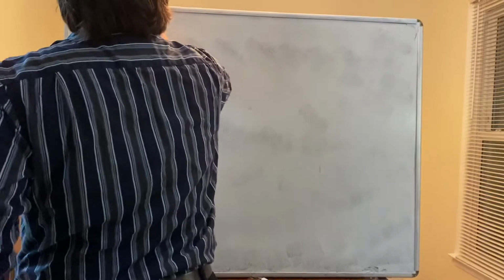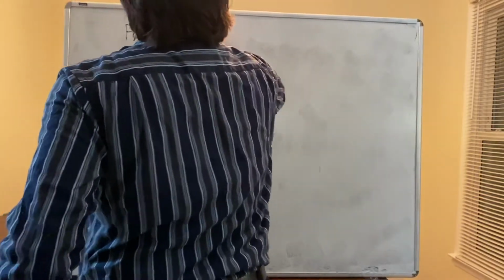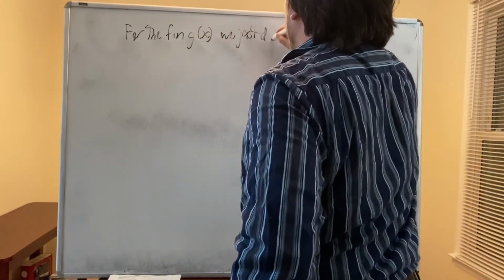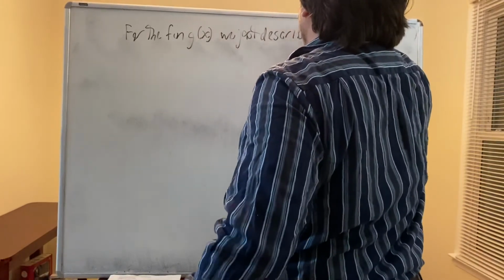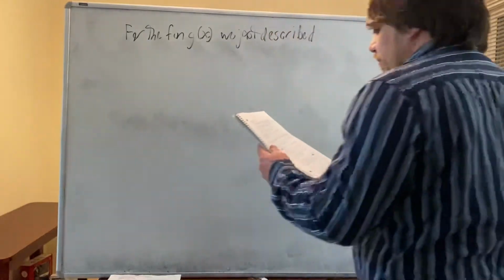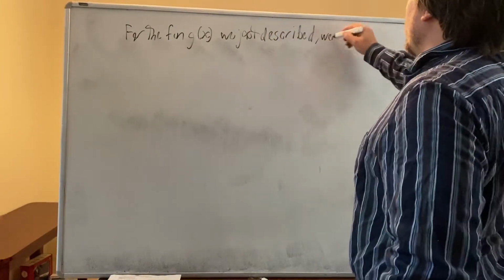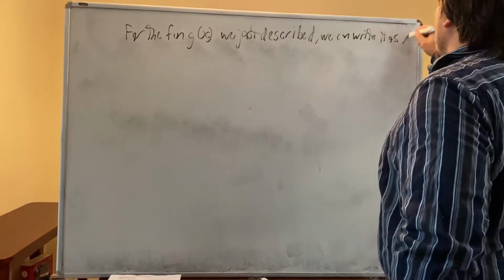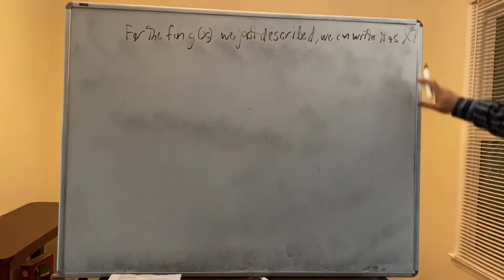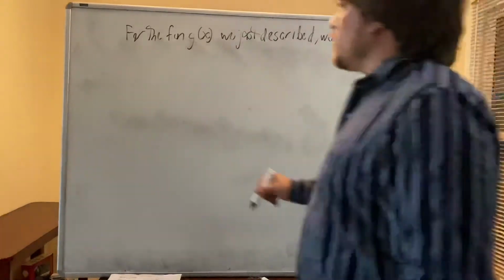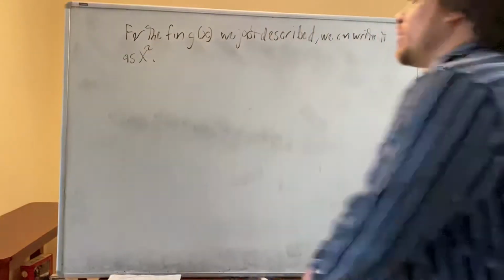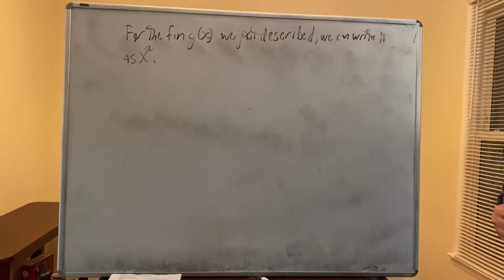Okay, so for the function g of x we just described, we can write it as x squared. Okay, so the function was g of x equals x squared.